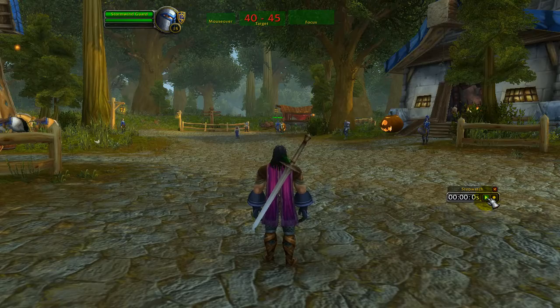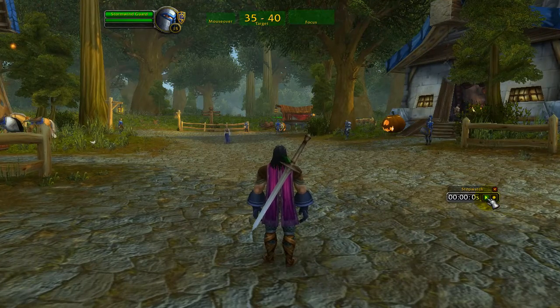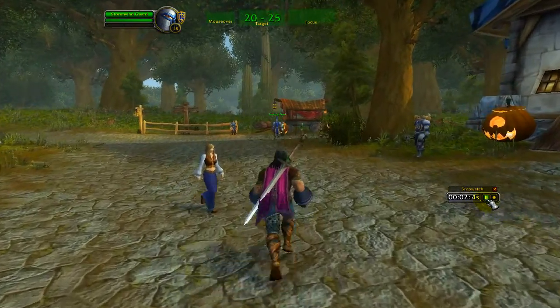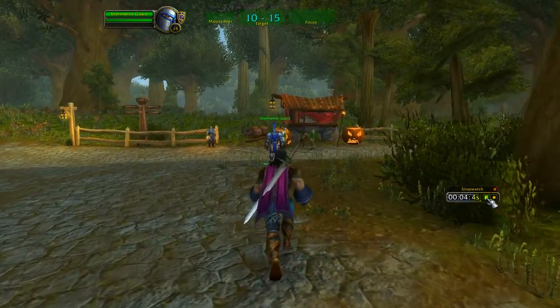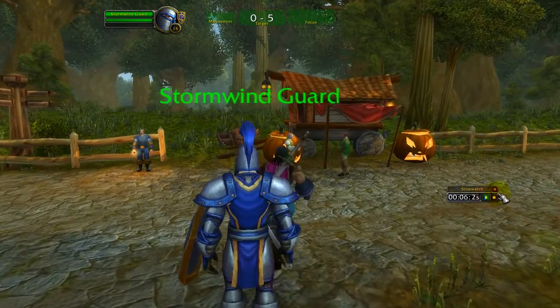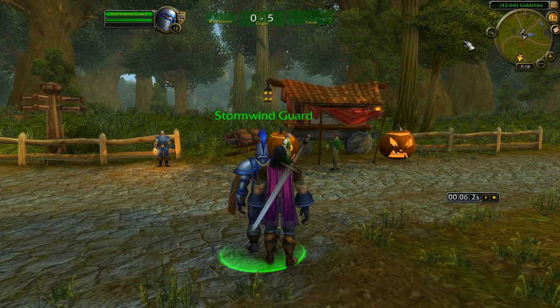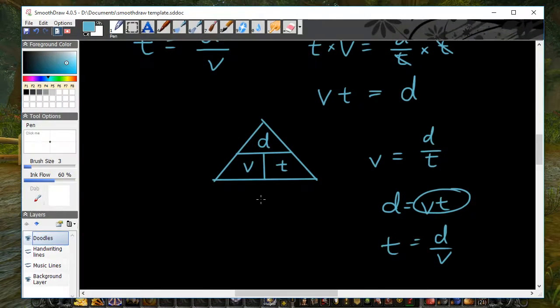So let's test that. It takes 6.2 seconds to get to my target. So d equals v times t.